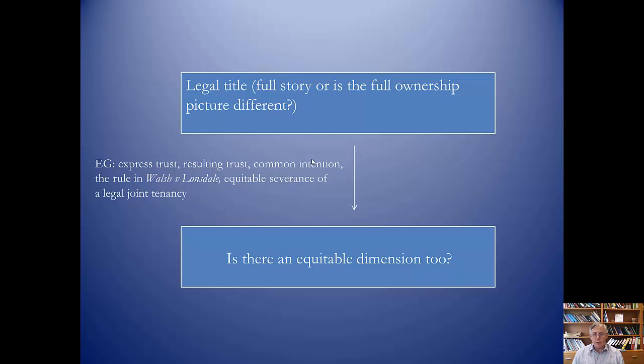So the legal title, the picture painted by the title deeds, might show that there's a joint tenancy, but we can ask whether the title deeds tell the full ownership picture, because in the ways that we've just seen, express trust, resulting trust, common intention constructive trust, an enforceable contract, so that there's a constructive trust again, or an equitable severance of a legal joint tenancy, in any of those ways, we could have an equitable tenancy in common even though there's a legal joint tenancy.